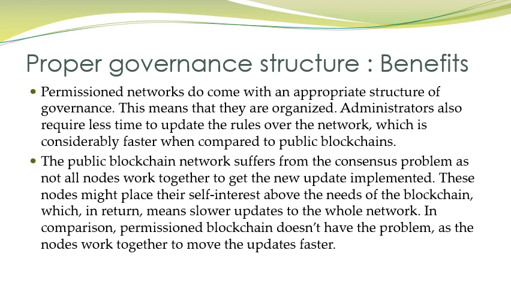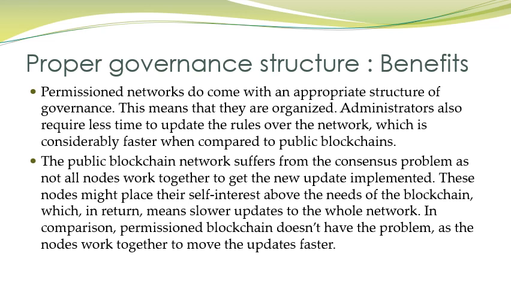So the proper structure is defined. These permissioned networks come with an appropriate governance structure, which means this is an organized structure, and administrators also require less time to update the rules over the network, which is considerably faster as compared to the public blockchain.